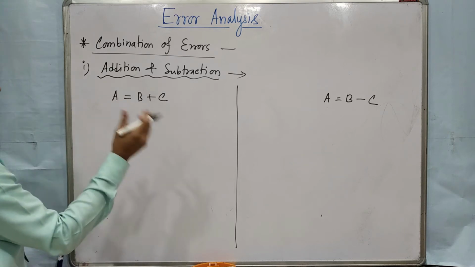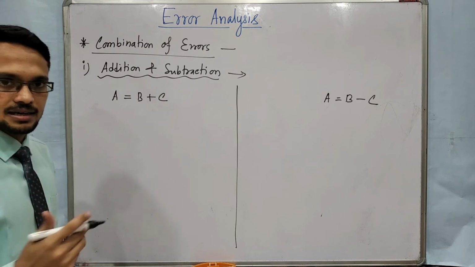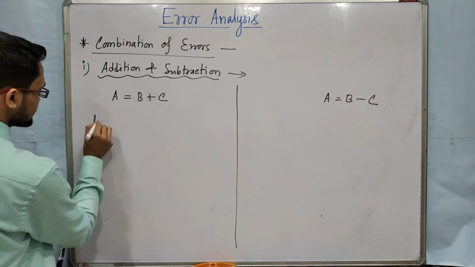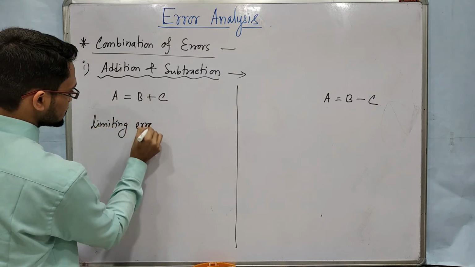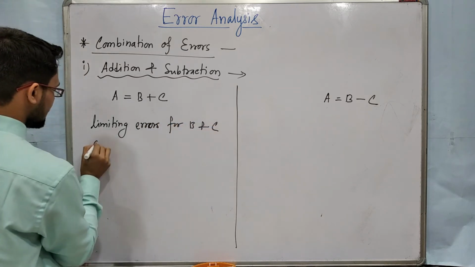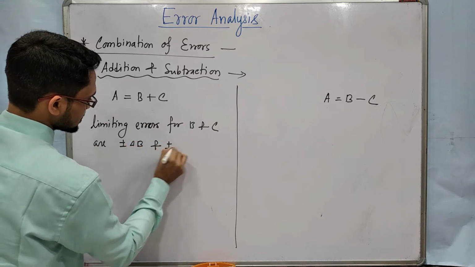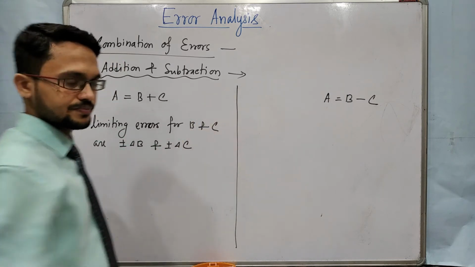So whenever you are measuring B and C, you will get some error for B and C. And suppose the limiting errors for B and C are plus minus delta B and plus minus delta C, for this operation also.